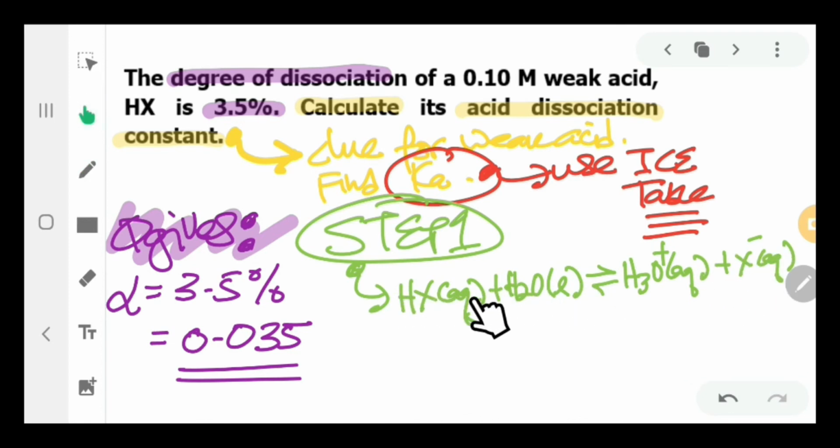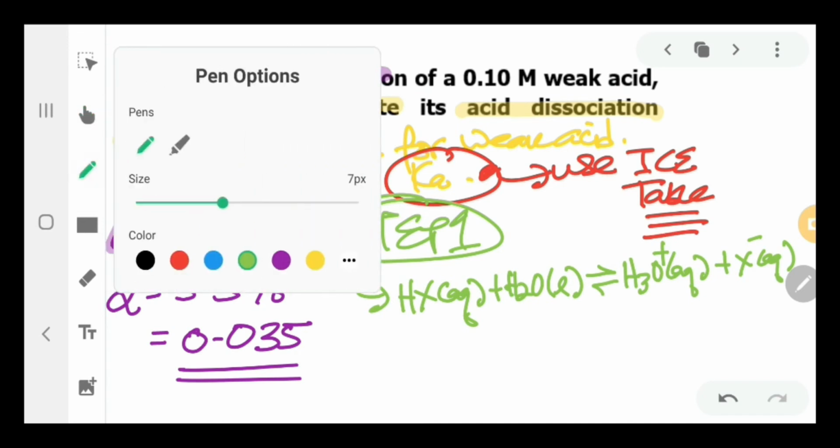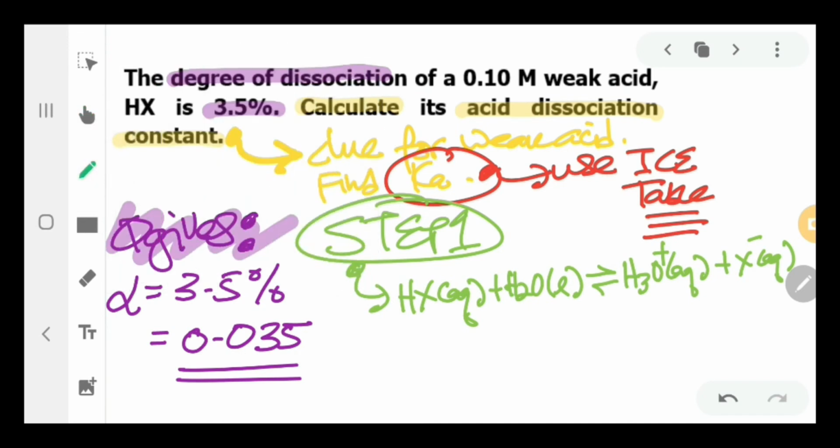So this is the balanced equation we need to have together with the ICE table that we're going to be constructing later on. Having this balanced equation written, they're going to give you 1 mark.